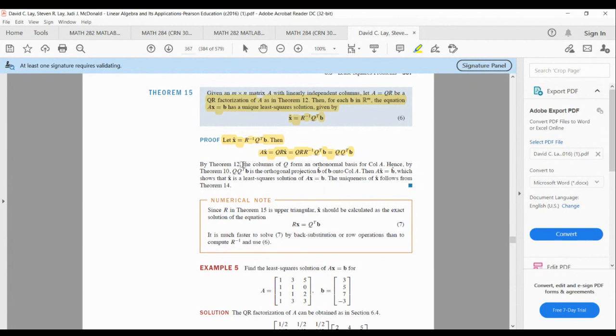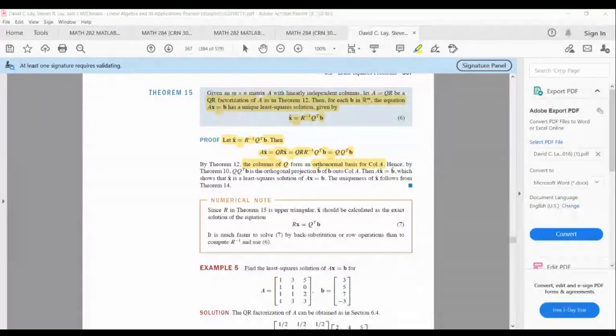But they note that the columns of Q form an orthonormal basis for the column space of A, because Q is an orthogonal matrix, right? An orthogonal matrix is a matrix whose columns are orthonormal.